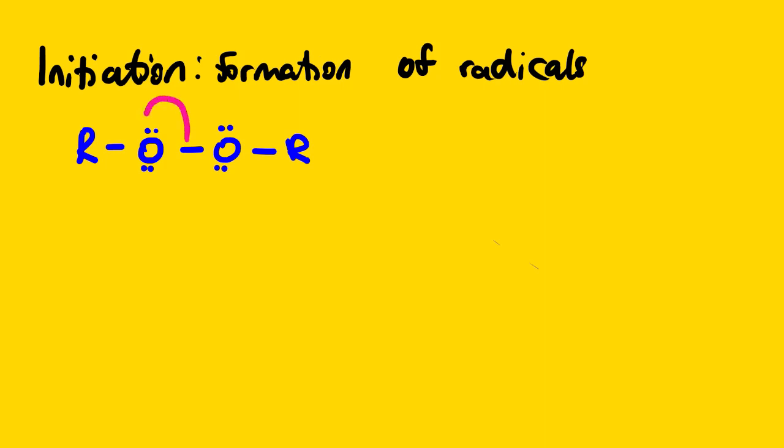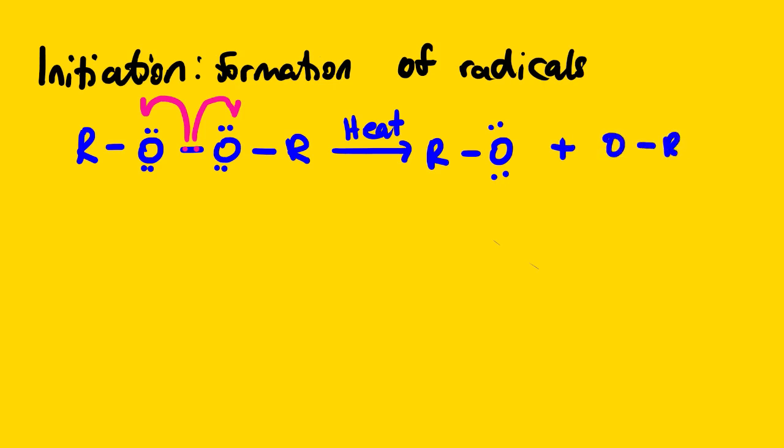If you remember bond fission, it will be simple for you to understand this. It's a fish hook arrow, meaning that we have only movement of 1 electron. Remember that we have 2 electrons here. So homolytic bond fission takes place, and one of the conditions is that we need heat. So we'll have 2 radicals, RO plus another RO.